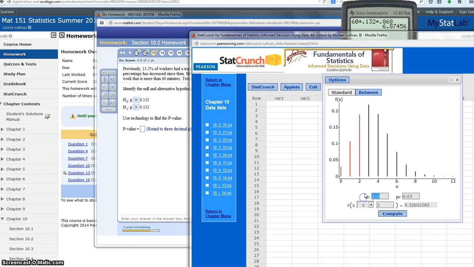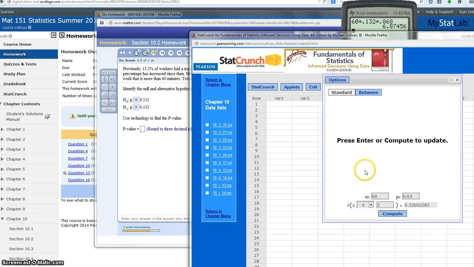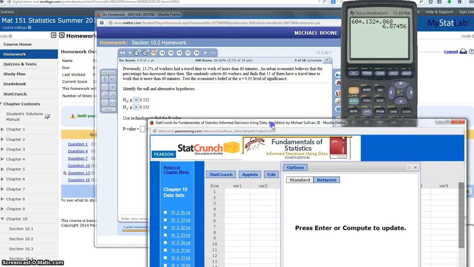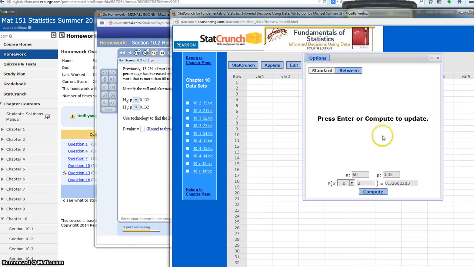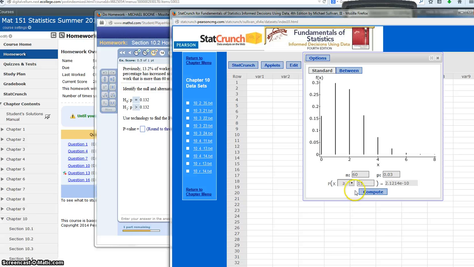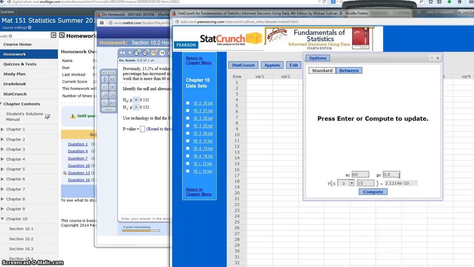Here 60 was my sample size. I'm wanting to see if it's greater than, and then 15 of them. So 15, we said it was greater than. Greater than or equal to would be good. And then my believed proportion was 13.2, so 0.132.